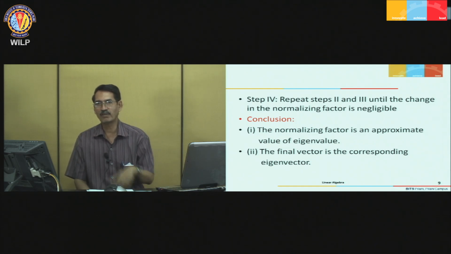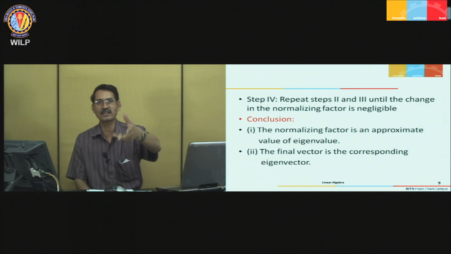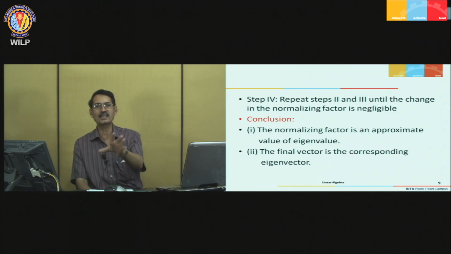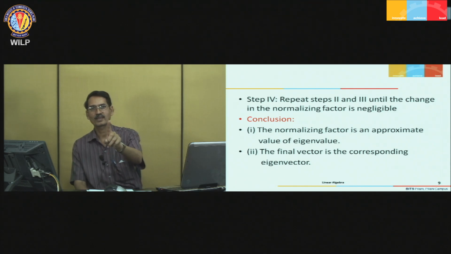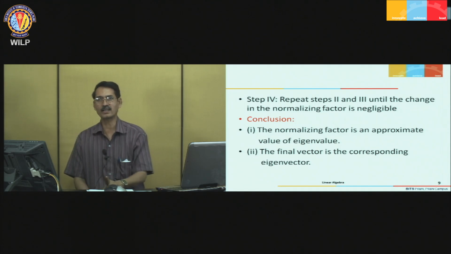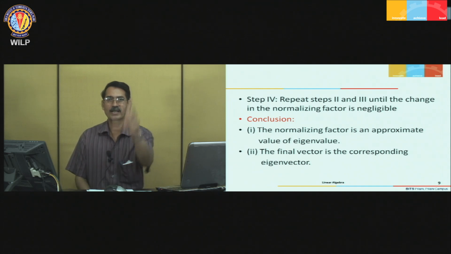When the change in the normalizing factor is negligible, almost the same over 2, 3, 4 steps, then stop the process. The normalizing factor will be the dominant eigenvalue, and the corresponding final vector A into Ui will be the dominant eigenvector.